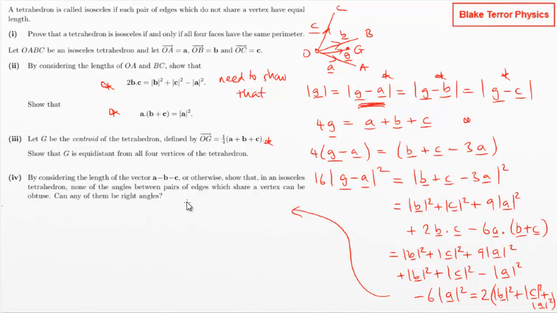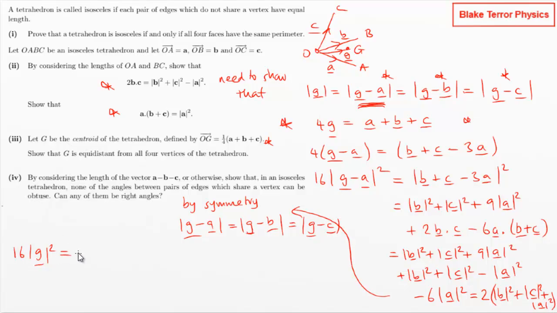So we're going to get the same. By symmetry, we've got that mod G minus A equals mod G minus B equals mod G minus C. But I haven't done the mod G bit, so I need to do that. Let's go straight off of this again, because that's going to give me 16 mod G squared, which I need to show is this 2 lots of mod A squared, mod B squared, mod C squared.